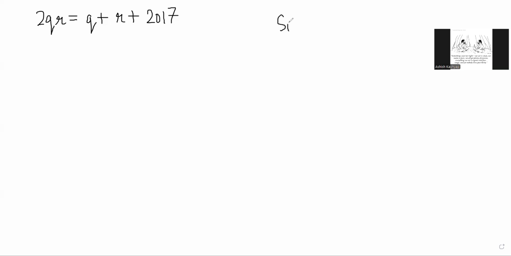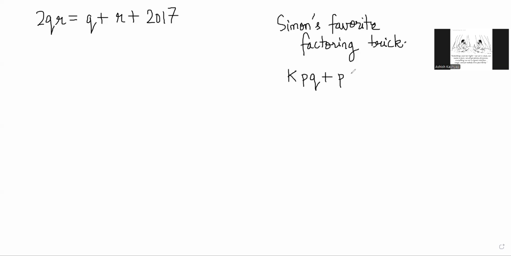This is known as Simon's favorite factoring trick. So anytime you have something like K times PQ plus P plus Q, then you can add and subtract a constant in order to factorize it properly.